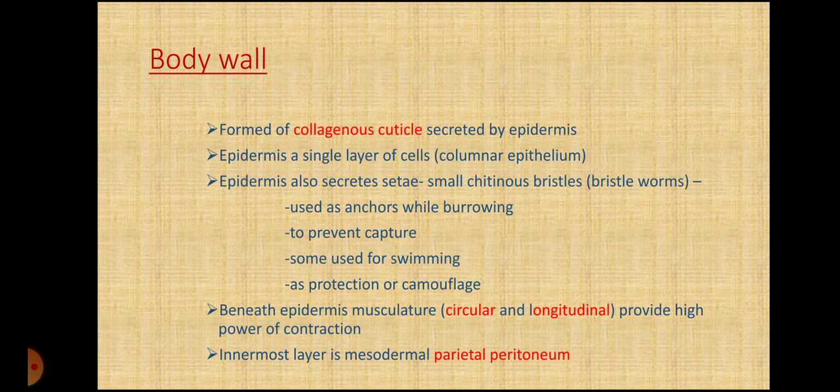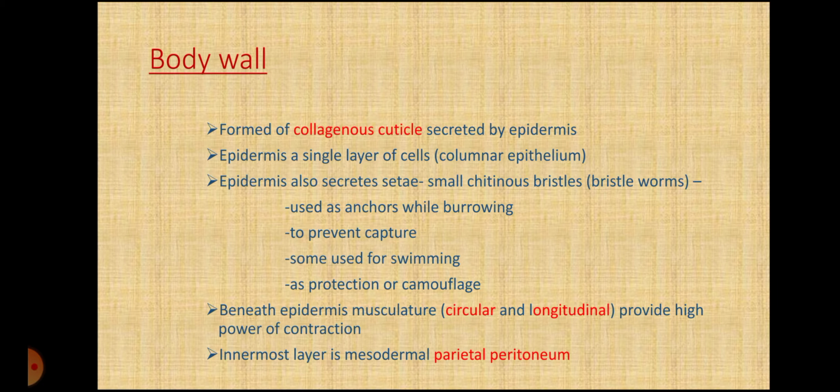Then we next talk about the body wall. The body wall is formed of an outer non-chitinous but collagenous cuticle secreted by the underlying single-layered epidermis, which is formed of columnar cells. It contains several types of unicellular gland cells as well as sensory cells.